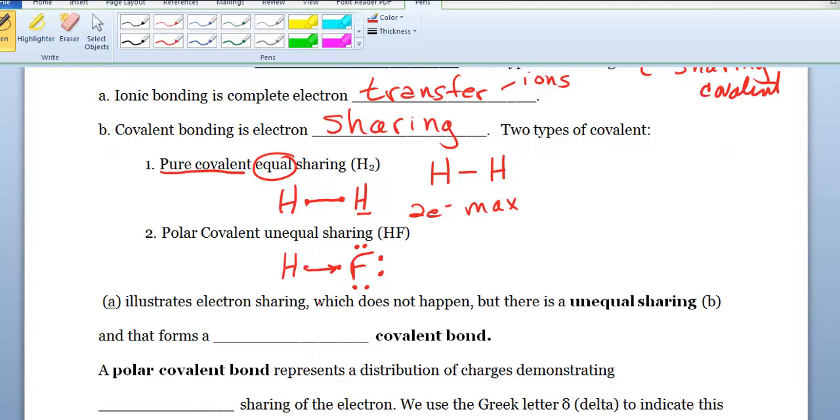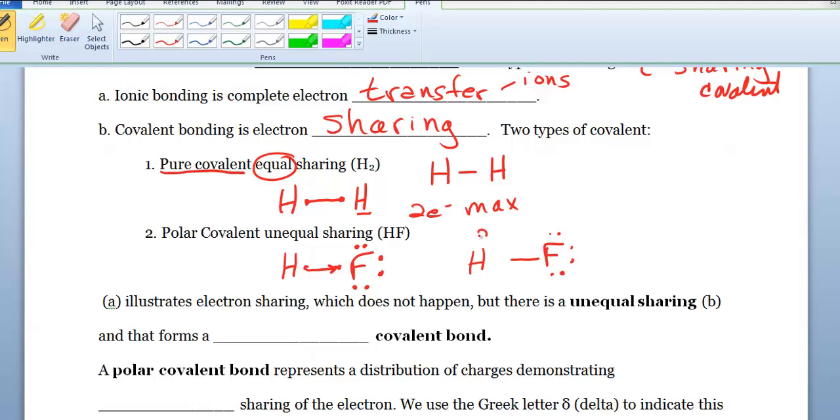It's kind of like sharing with your big brother or sister. Whenever I shared with my big brother or sister, there was some unequal sharing that went on. So for hydrogen, it is getting ripped off. Most of the electrons that are being shared are closer to the fluorine because fluorine is so electronegative.